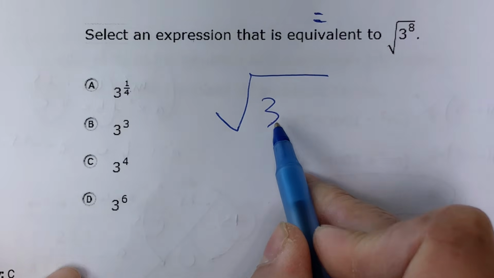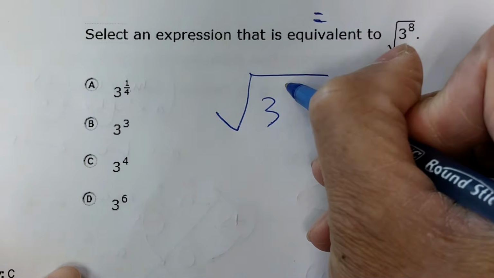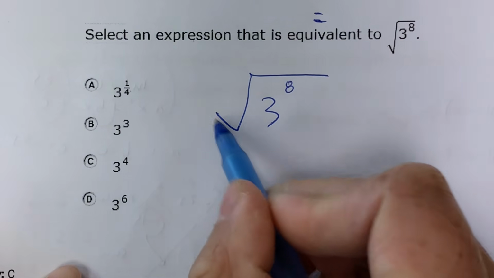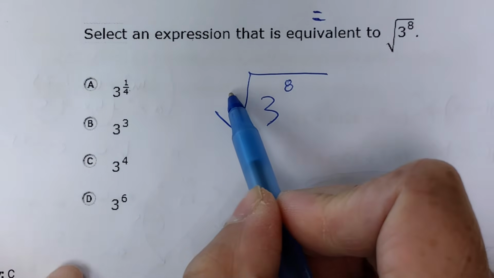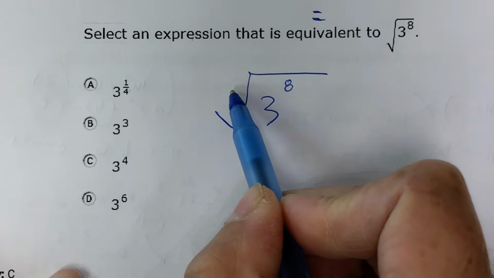Here is my base, and my exponent here is 8. Now, with square roots or radicals, the default number, meaning the number that's always there, that's imaginary, is not a 0, it's not a 1, it's a 2.